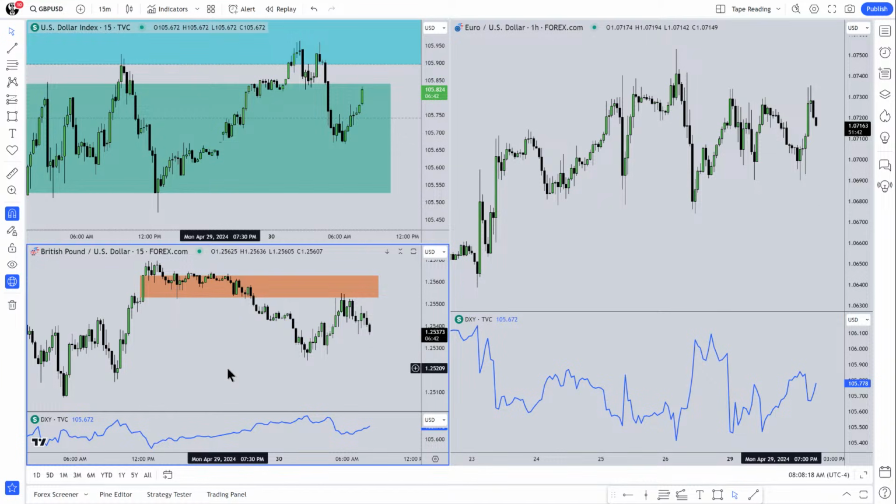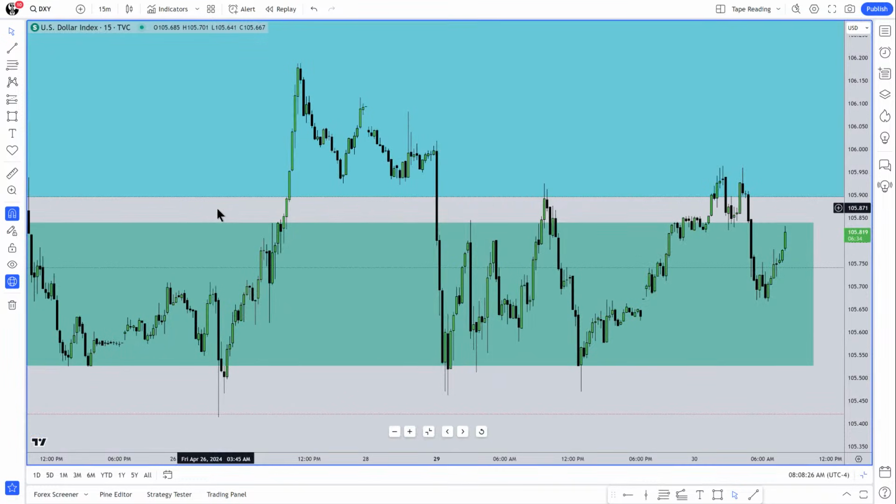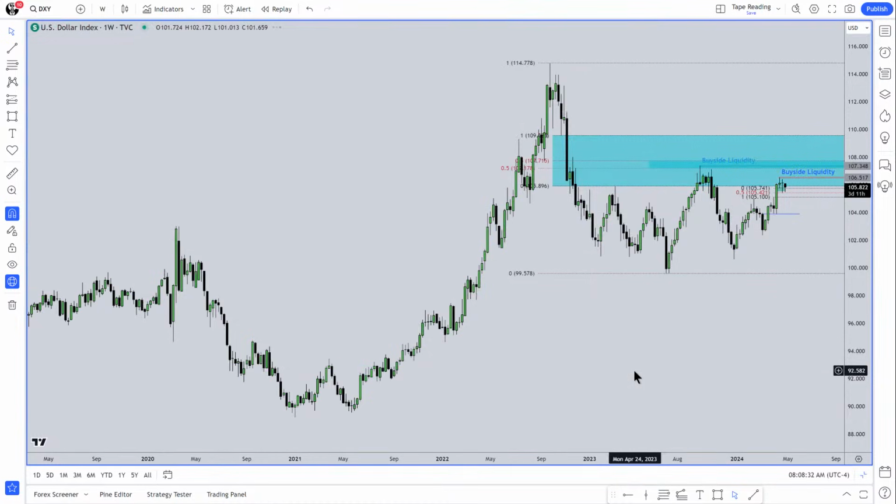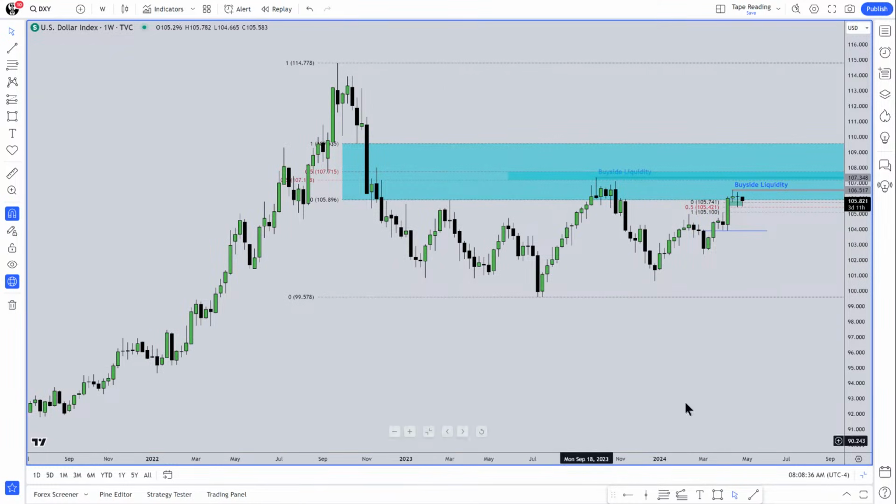So I kind of want to talk a little bit about what we mentioned yesterday with the dollar index. I'm going to maximize the chart just for a moment. And we're going to take us back up to a weekly chart. So everything is as it was explained yesterday.